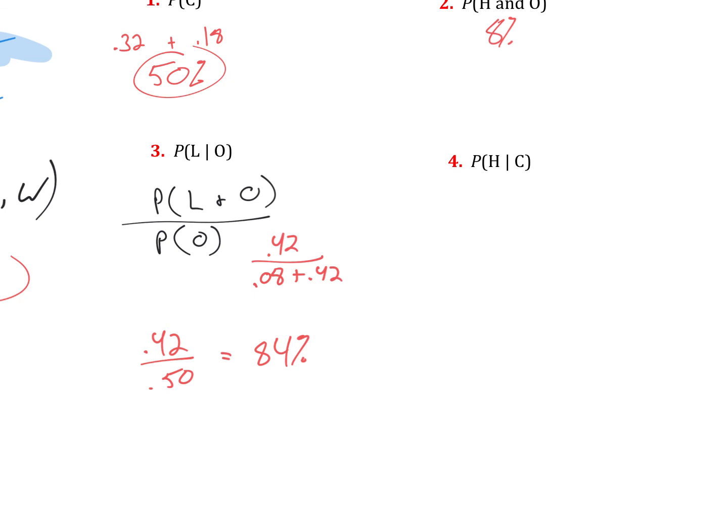Number 4, what's the probability that there's heavy snowfall given that the school is closed? Well, I want to know the probability that there's heavy snowfall and the school is closed over just the probability that school is closed. Remember, when we're doing these conditionals, whatever comes after that conditional clause should be our denominator.